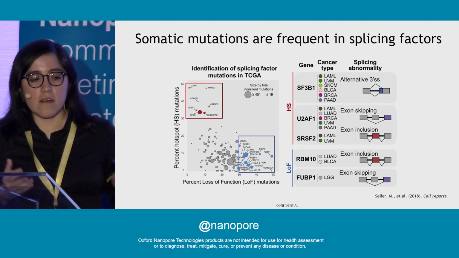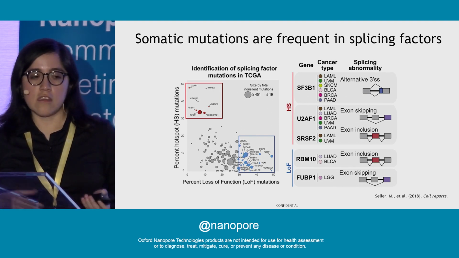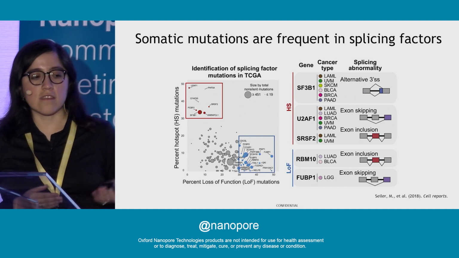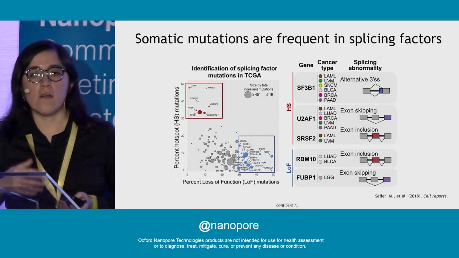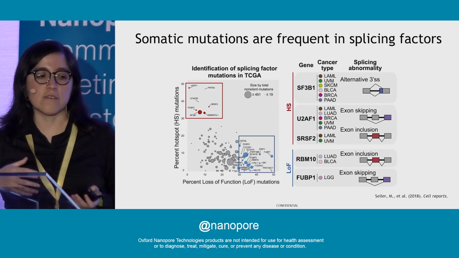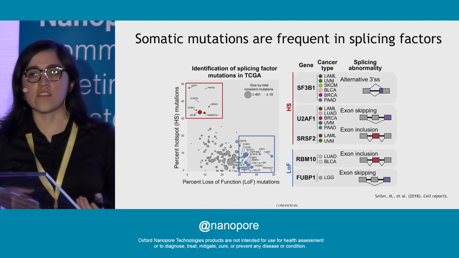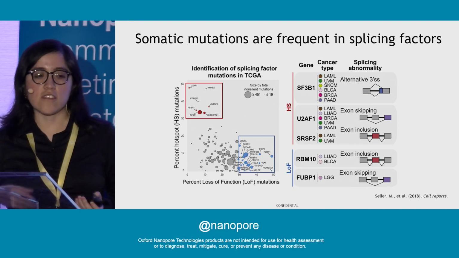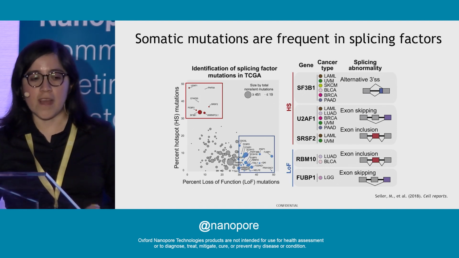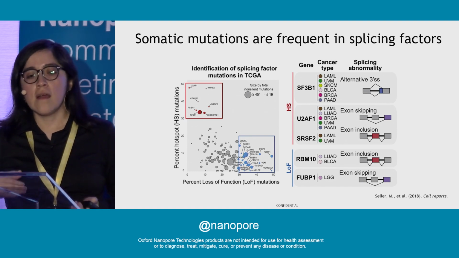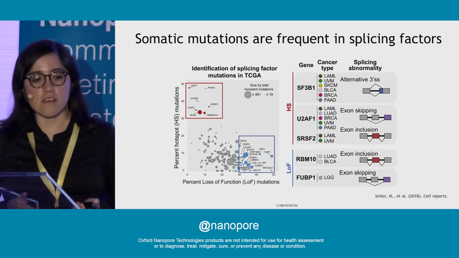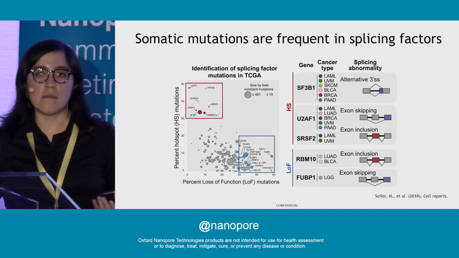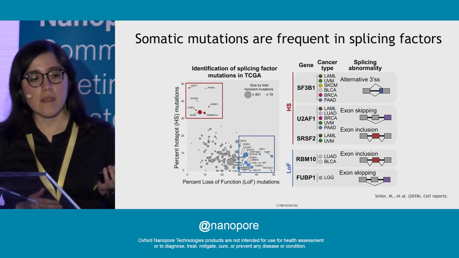As many studies in the past using TCGA and other cancer atlases have described, many times in different cancers, splicing factors acquire mutations that then lead to these aberrant splicing patterns that are driving the disease and also all the phenotypes that we observe in patients.